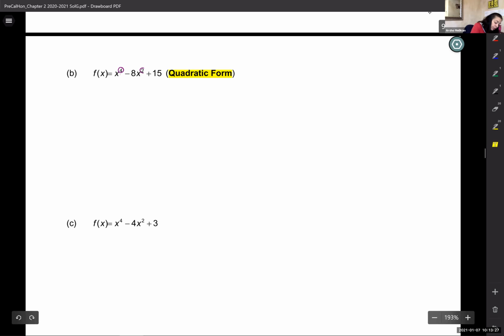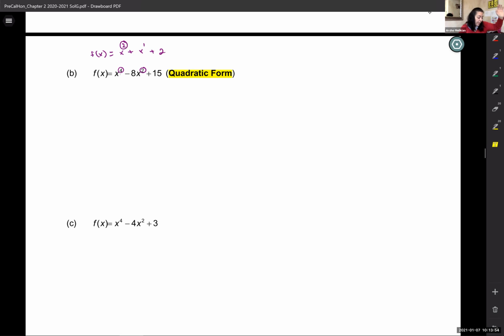The next term, the exponent is half of that. And then there is a constant. You never think about quadratics that way, but that's pretty much the form of it. If you have an exponent, the next exponent is half of that, then you have a constant.